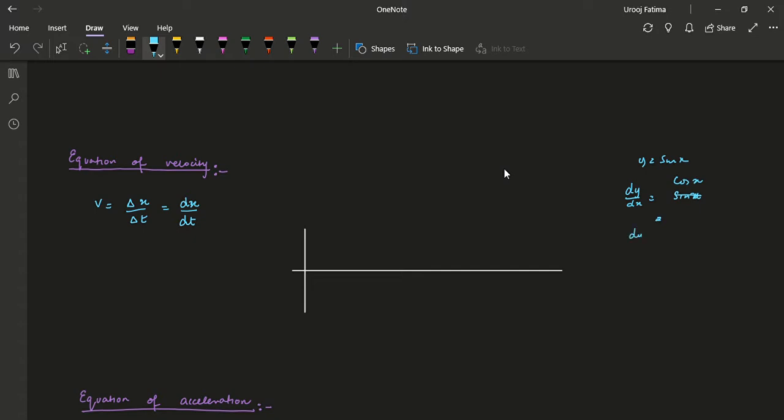And if you take the derivative of y equals cos x, it's going to give you minus sine x. You just need to remember these. Otherwise, if you remember these equations, that's good enough too.